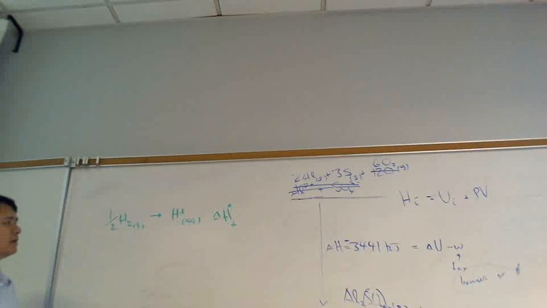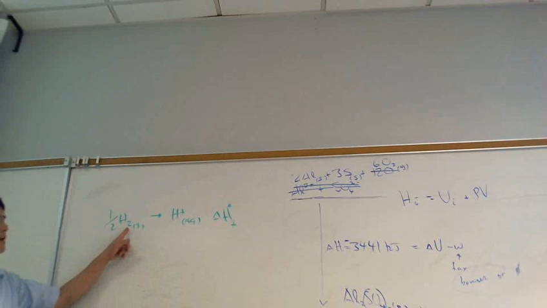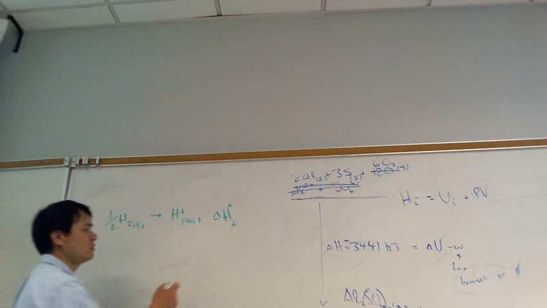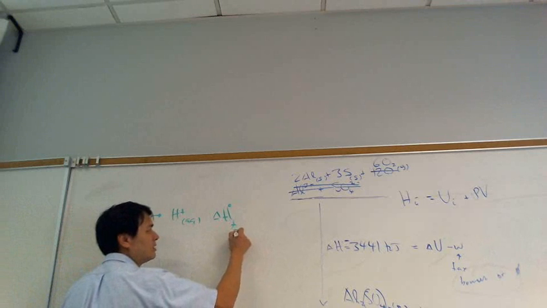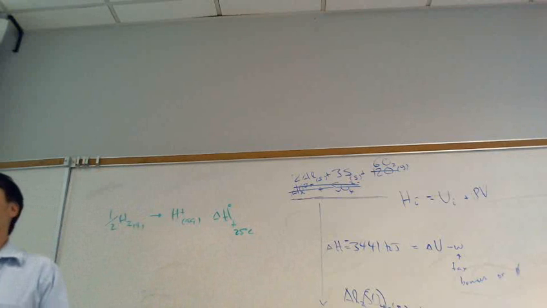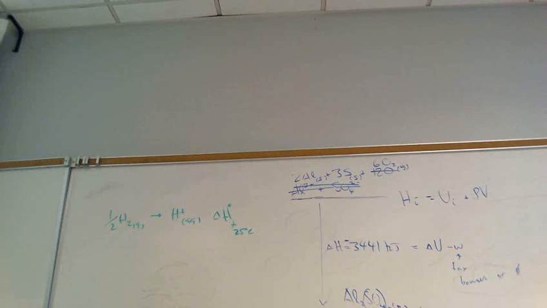Okay, it means standard conditions, which are what? 1 bar for H2 gas. 25 Celsius? No. It's not 25. If this were at 25, which it is, we'd write it down here, 25 degrees Celsius, as an added constraint. The reason is there's no standard temperature in thermodynamics. And so we could have standard conditions under different temperatures.